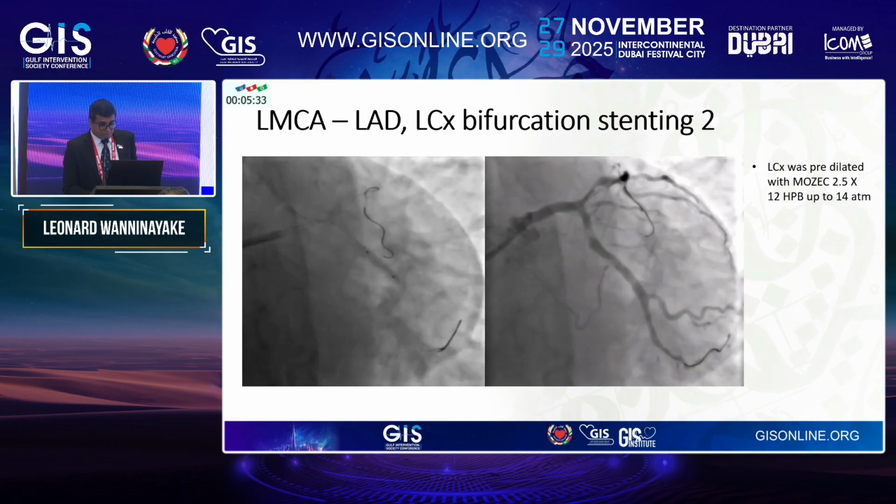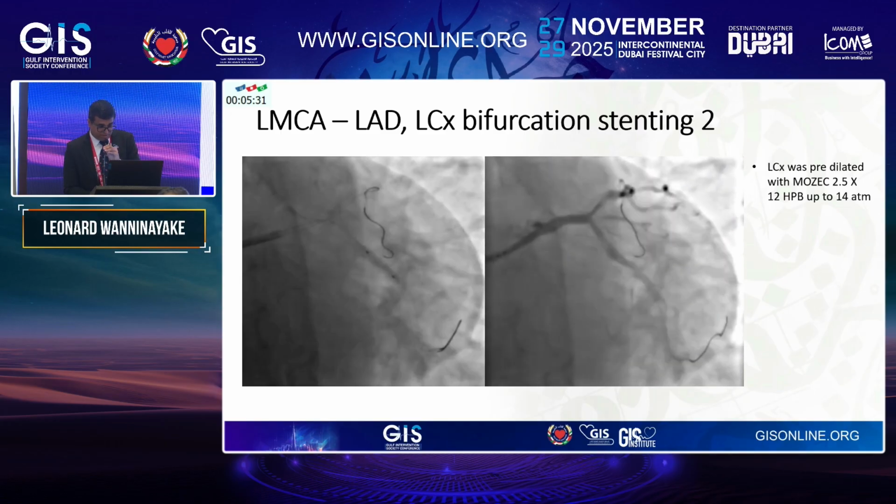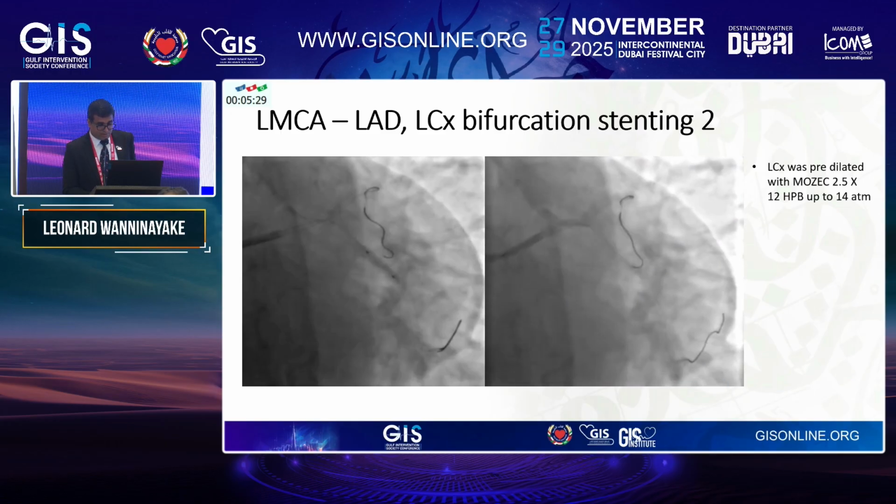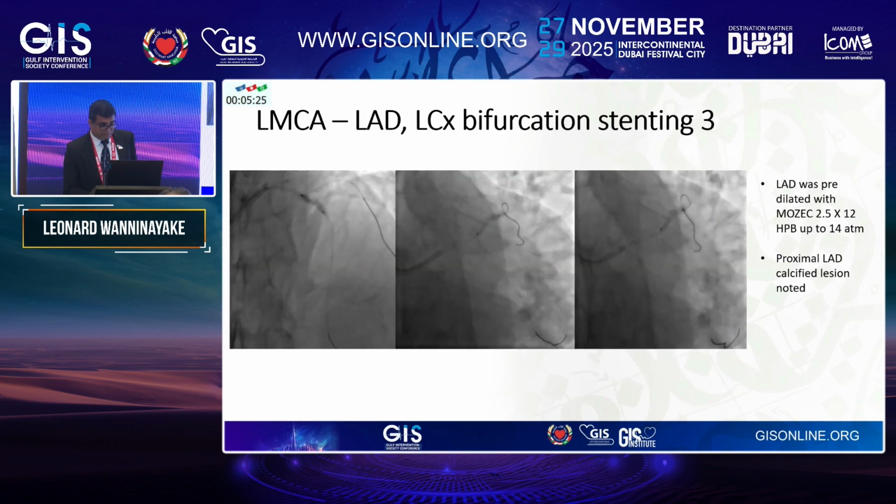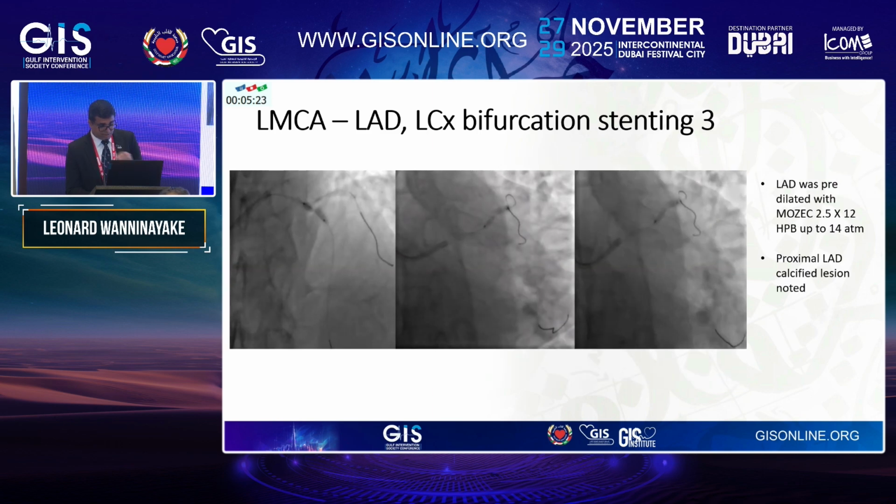We ballooned the circumflex with a Mosaic 2.5 x 12 balloon, and then we ballooned the LAD, where we noted a calcified lesion proximally, which was difficult to open initially but was subsequently opened with a 2.5 x 12 high pressure balloon.